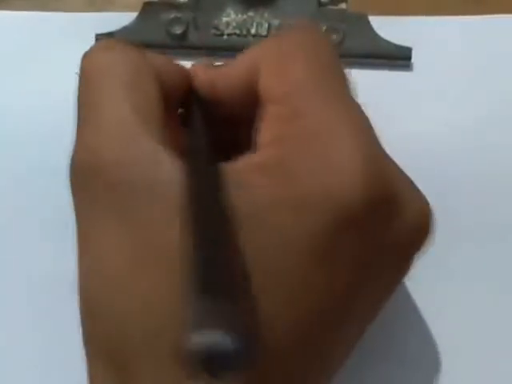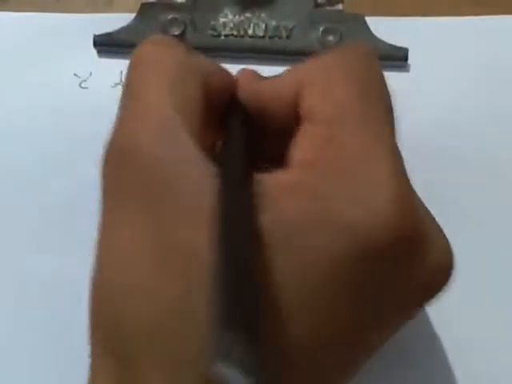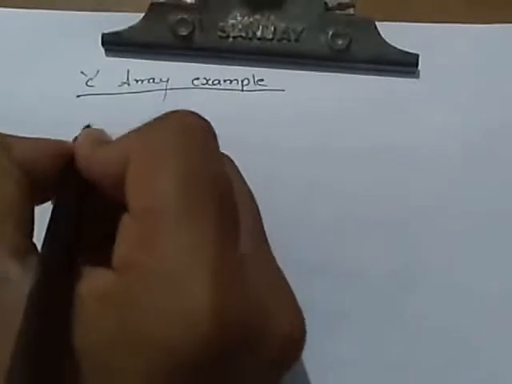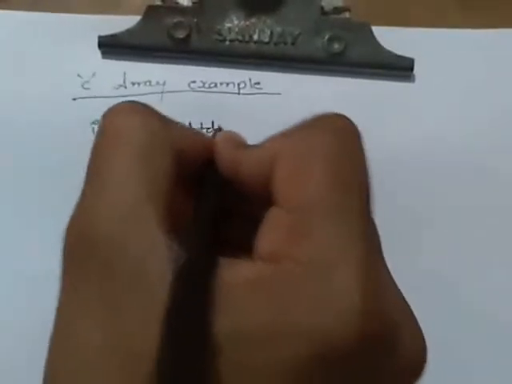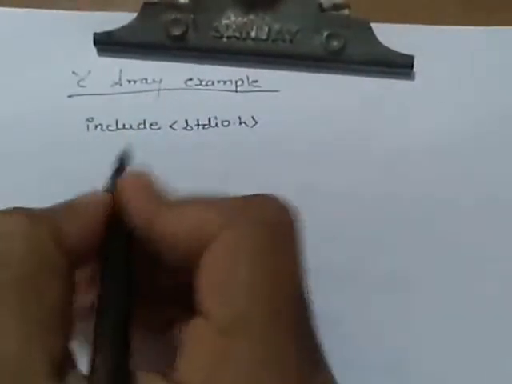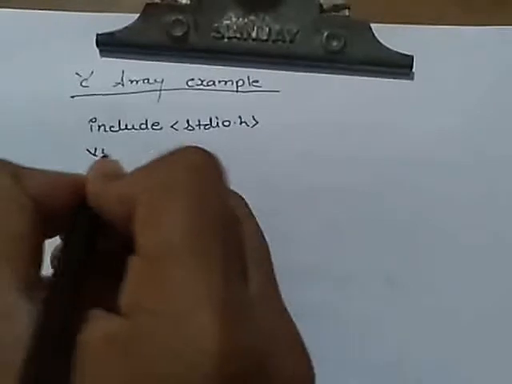Include a file. We can say that C array example, that is used for initialization. Include a file. Then create a main function.